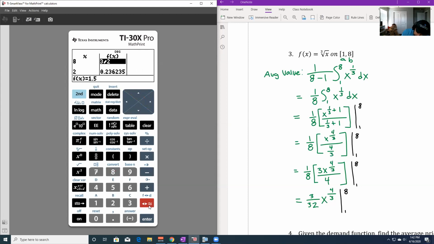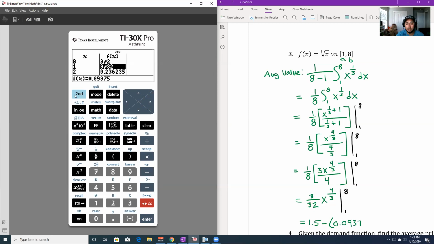So this becomes 1.5 minus, if I type in 1, you get 3/32, which is 0.09375.